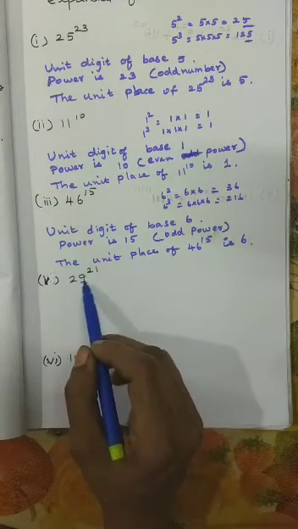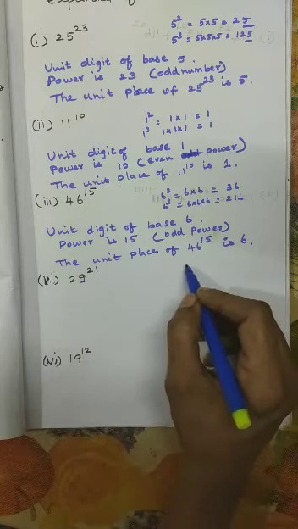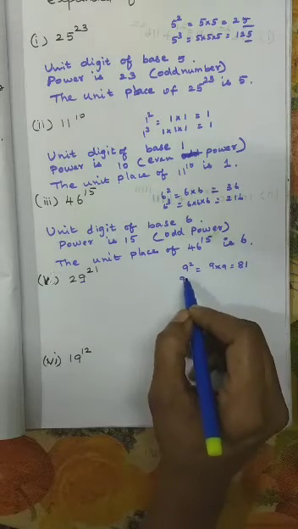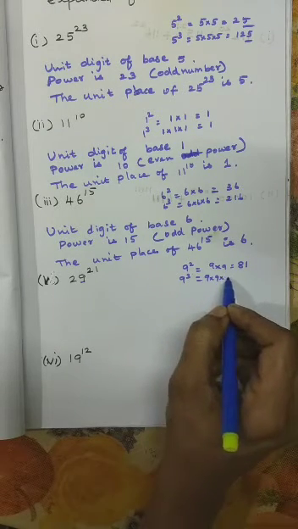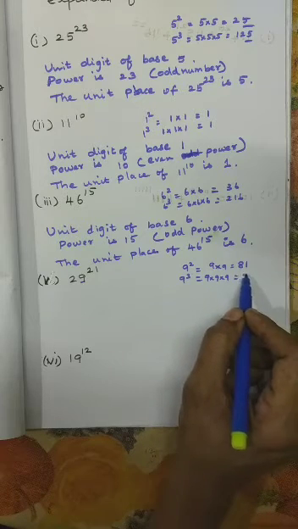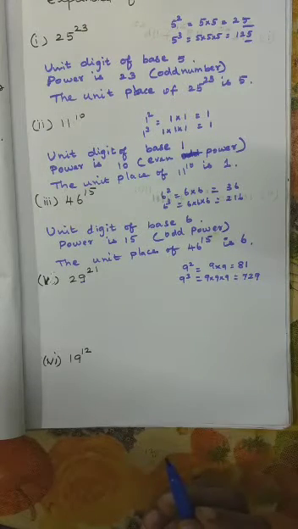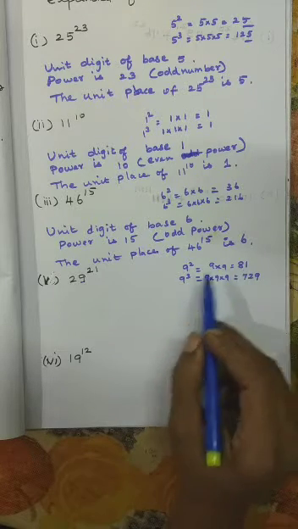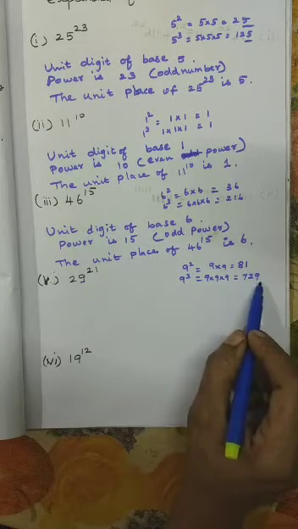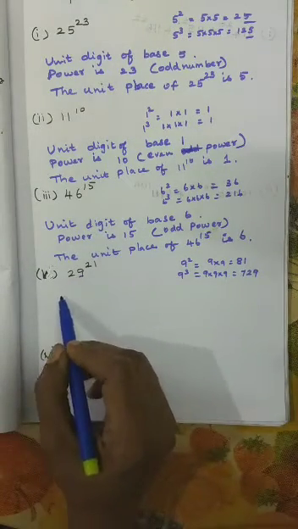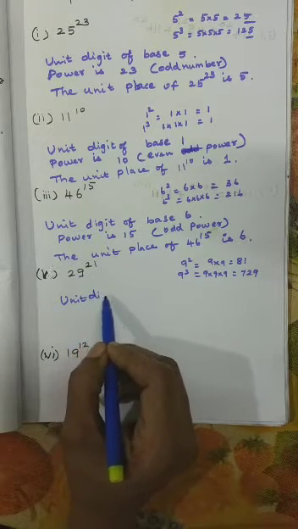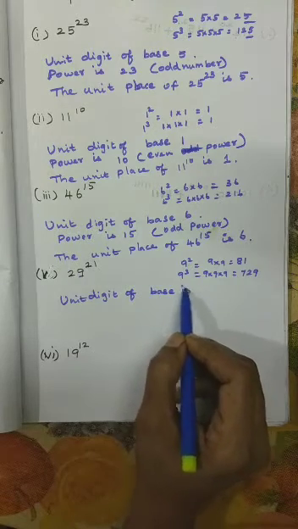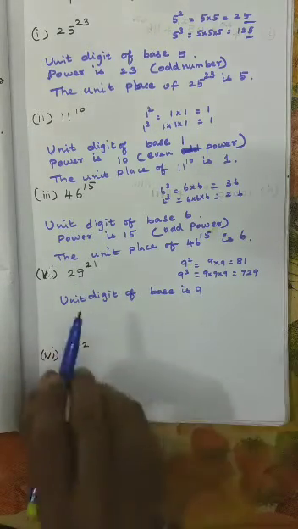Here 29. 9 is the units place. So see here, 9 square is equal to 9 into 9 is 81. 9 cube, 9 into 9 into 9 is equal to 81 9s are 729. Have you understood? If the power is even, the units place is 1. If the power is odd, the units place is 9 here. So the units digit of the base is 9.